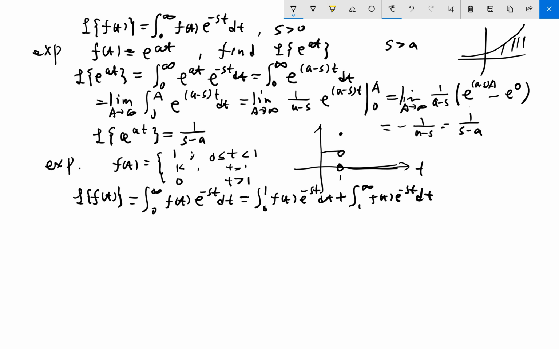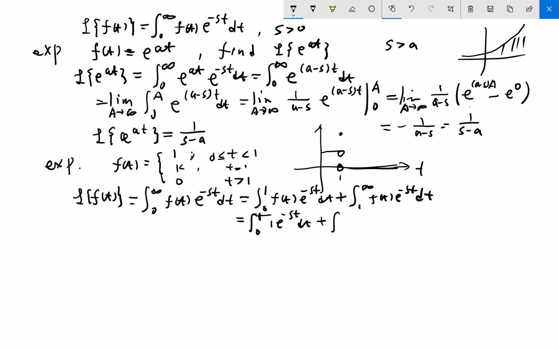Here, when t in this integral is between 0 and 1, I can replace f(t) by 1, so 1 times e to the negative st dt.